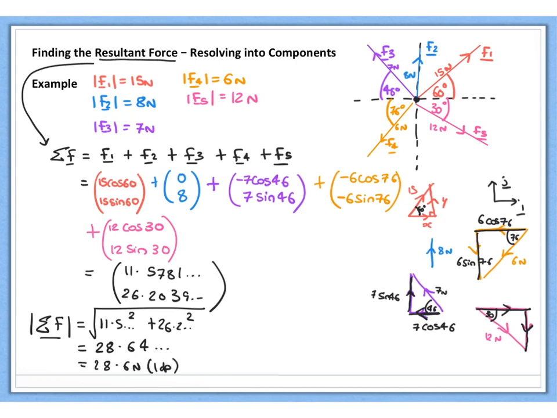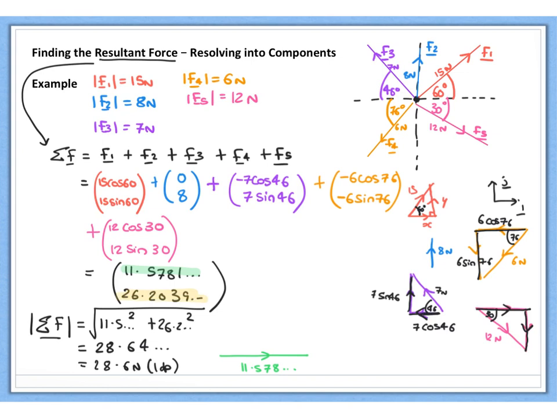And I might also want to draw my resultant force. So let's look at those components again. It's got an i component of 11.57, so that means it's got a component in the horizontal direction, like that. And it's got a j component, which is 26.2.